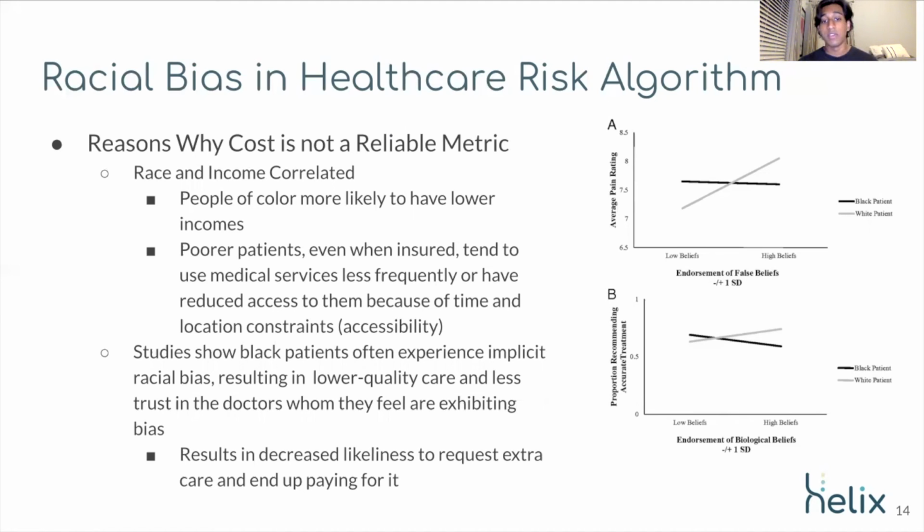Studies show that Black individuals often experience implicit racial bias when they do access these medical services, resulting in lower quality care and less trust in doctors, whom they feel exhibited racial biases. Obviously, this results in decreased likelihood of requesting extra care, and they end up paying for it in the end with their algorithmic risk score.